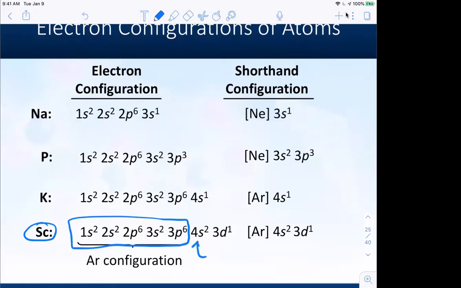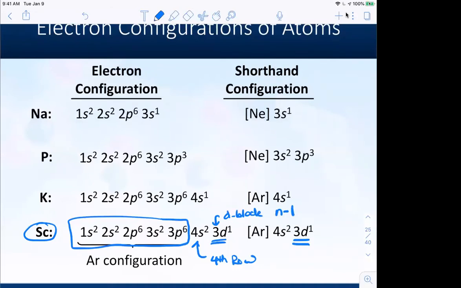Now I start filling the 4th row, but when I get to the D block, I have n-1. So in that 4th row, once I get to the D block, which is the transition metal block, that's the piece in between those two sort of towers on the end, which are the S and the P block.